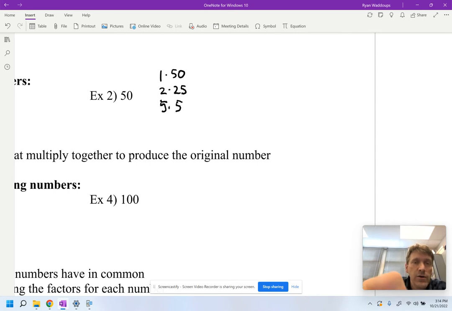One of the things I'd like you to notice is that these numbers increase, these numbers decrease, and you end up getting to a point where none of the factors exist in this particular list until I get to 25, and then it'd be 25 and 2, which is just a repetition of 2 and 25. So I'm done at this point. These are all of the factor pairs of 50.